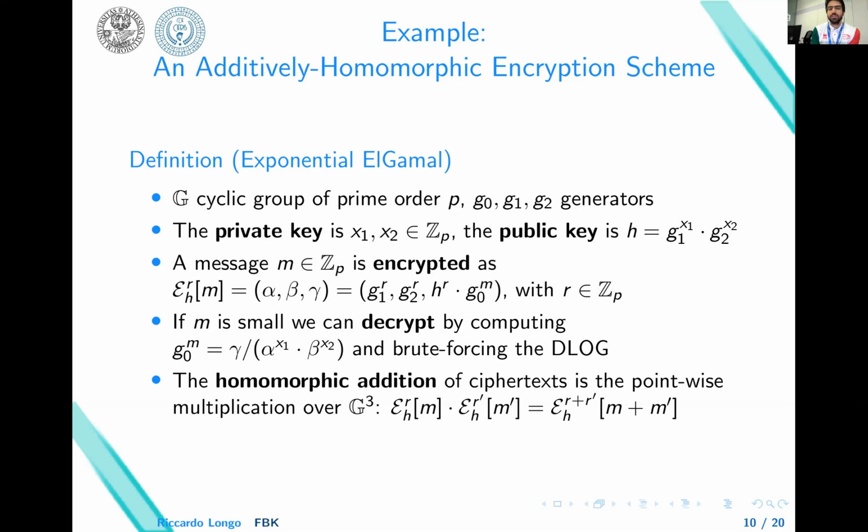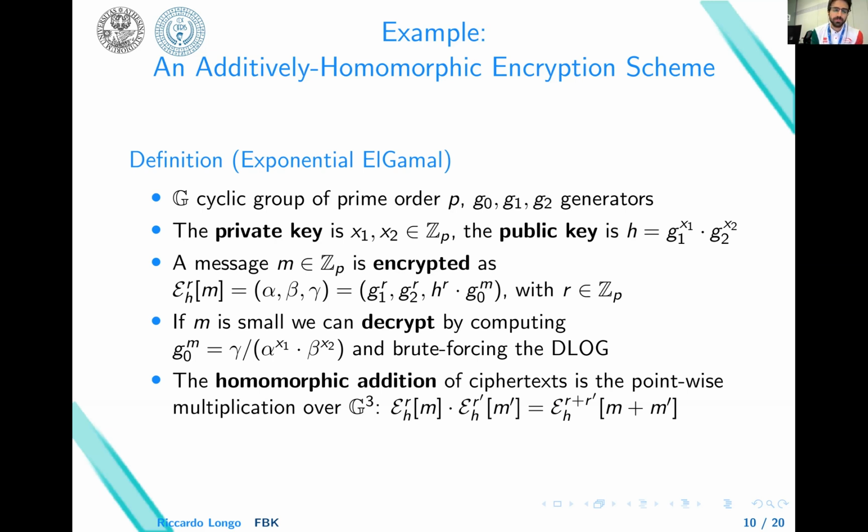We have the private key as two integers x1 and x2 modulo p. And then the public key is the multiplication of the two generators g1 and g2 raised respectively to x1 and x2. So we have this public key and the private key.